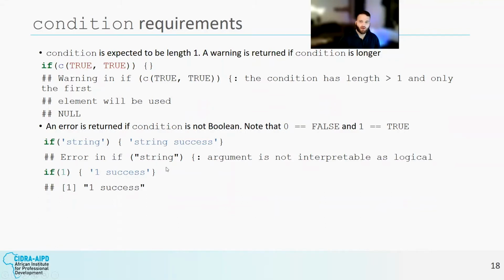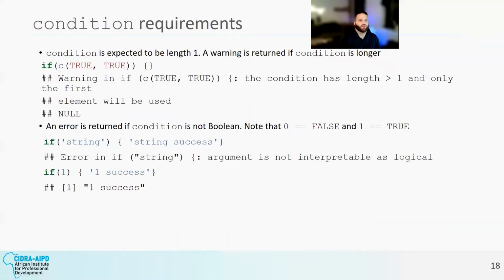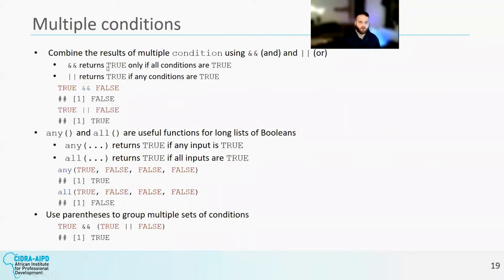However, if we use 1 in the if condition, then that will properly work and it will be seen as true. So in the first example here, we saw that multiple conditions won't work on their own. However, there are options to use multiple conditions.